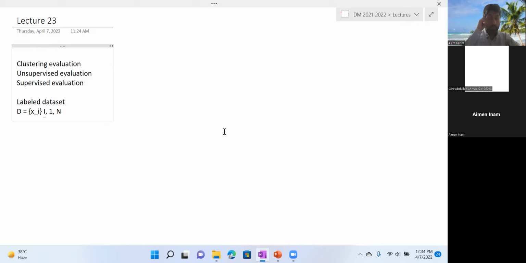Of course, this would typically not be available, because if the grouping is available to you, then obviously you don't need to cluster the data. But this is part of the evaluation.